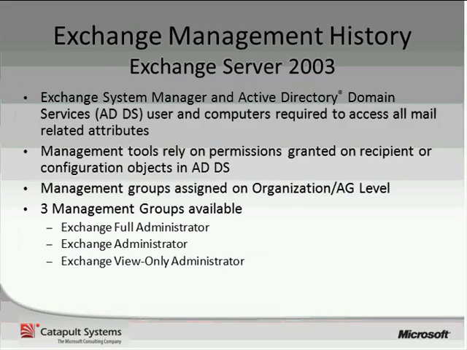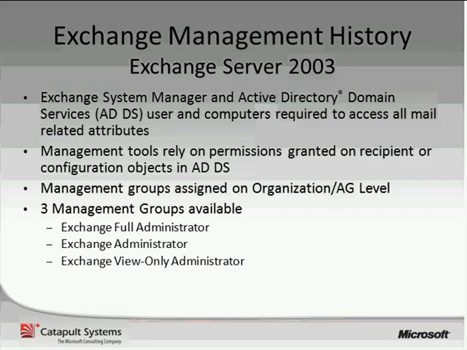So in Exchange Server 2003, we had the Exchange System Manager, and we used Active Directory Users and Computers to access all mail-related attributes. The management tools relied primarily on permissions granted on recipient or configuration objects in the directory service.